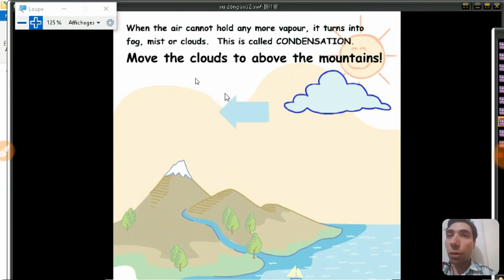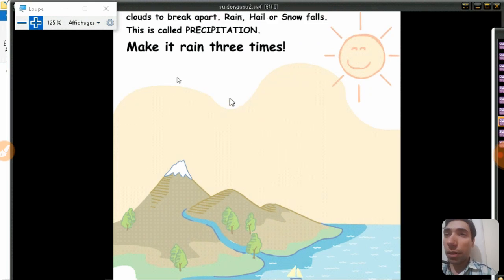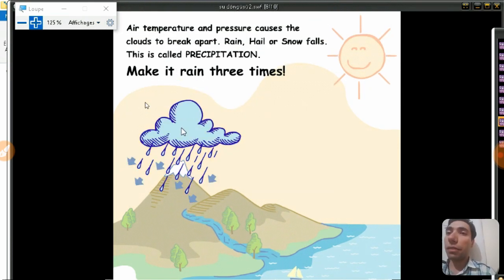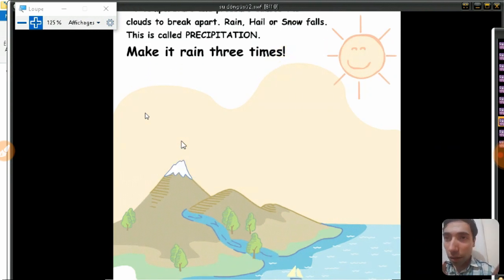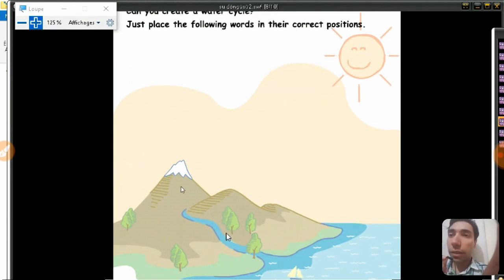Evaporating. Now it's condensing. Now it will precipitate. Yes, make it rain 3 times. It will rain on the hills. As you can see how the valley appears, 2 animation steps back, then the valley appears like this. This is a valley.